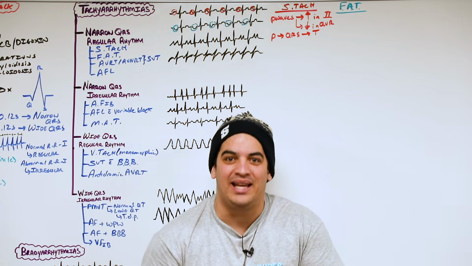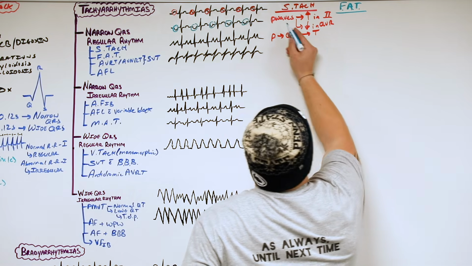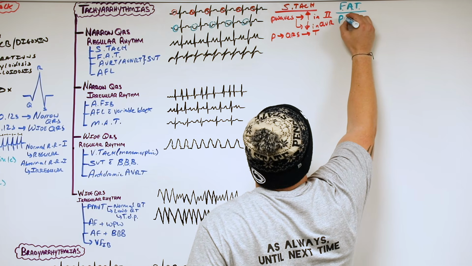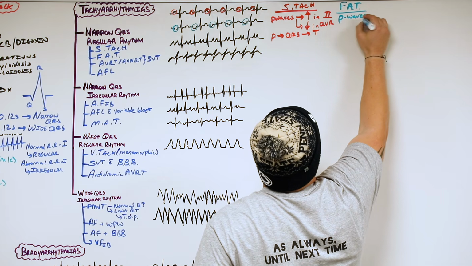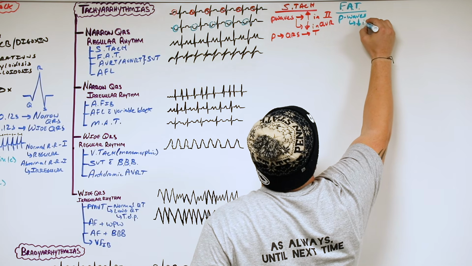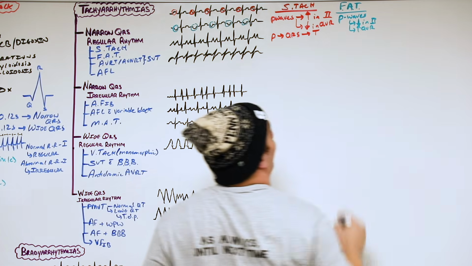An inverted P wave. That's usually the most common type of focal atrial tachycardia. So it's going to look opposite of sinus tach for the most part. So they'll have P waves, but guess what? They will be inverted in lead 2 and upright in aVR.